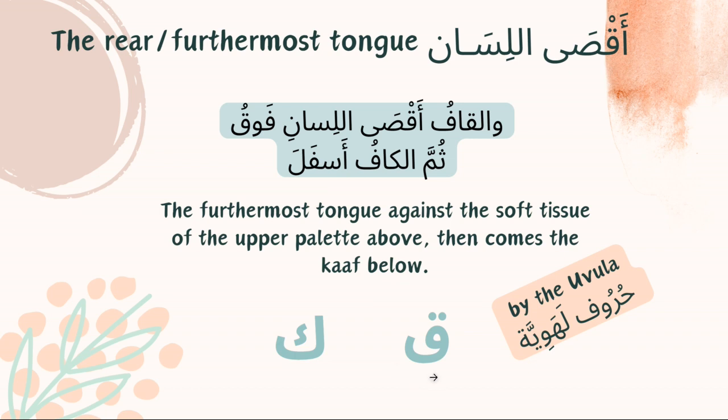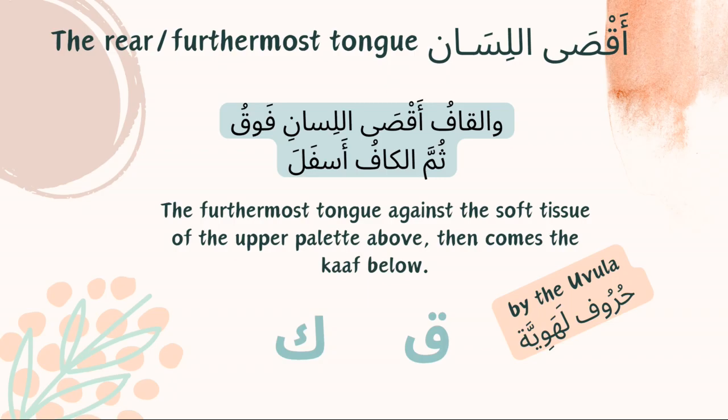So we have the qaf and the kaf, they are both pronounced from the furthermost tongue. They are pronounced just nearby the uvula, and that's why they are labeled as huruf lahawiyya.